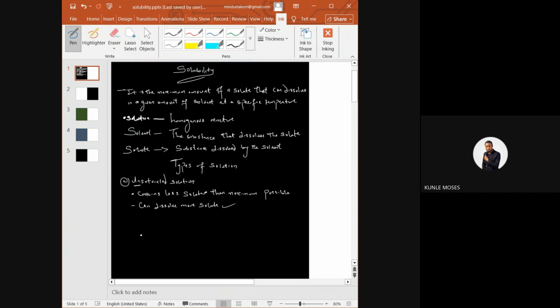The saturated solution contains the maximum solute at a given temperature.